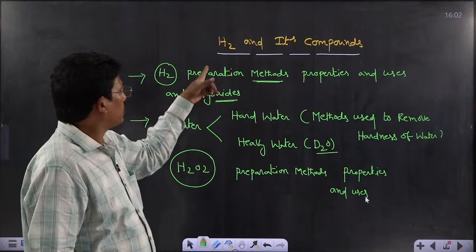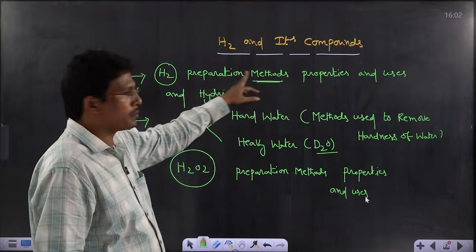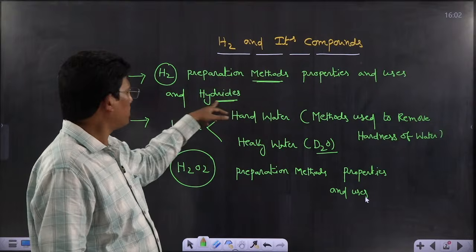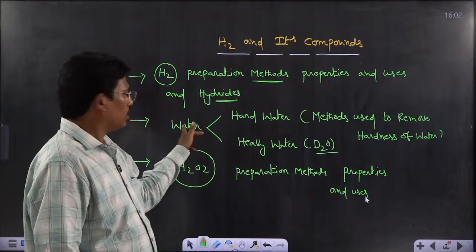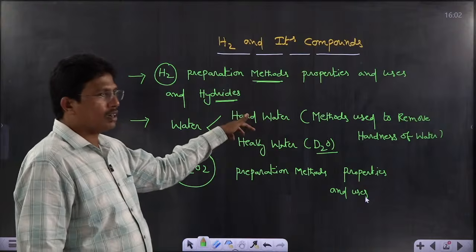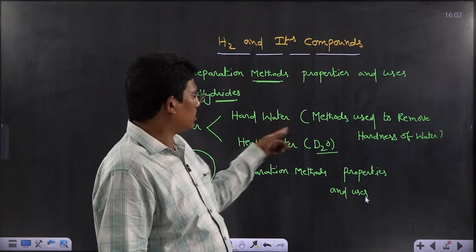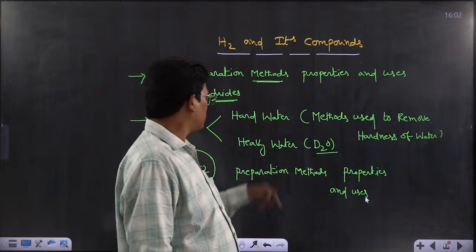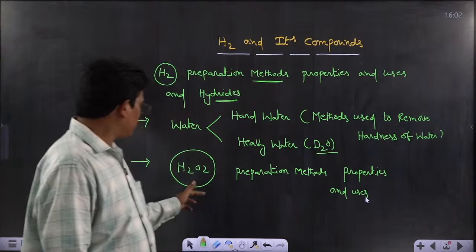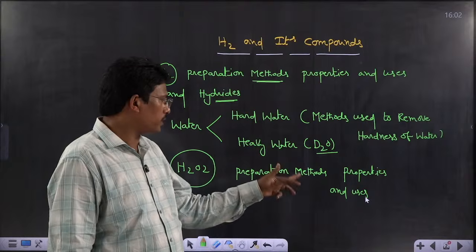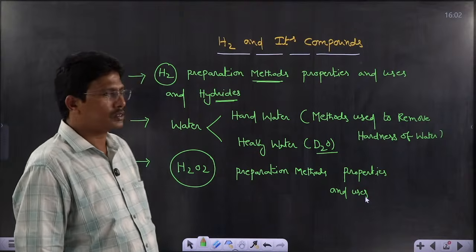Here three subtopics are there. First one is hydrogen preparation methods, properties, uses, and hydrides. Second one is water, where we study what hard water is, how hardness of water is removed by different methods, and heavy water. Third one is hydrogen peroxide preparation methods, properties, and uses.